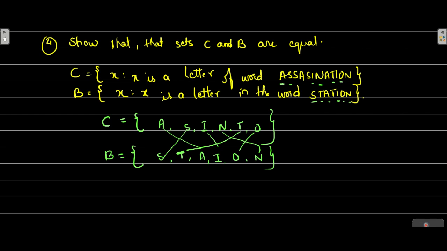The order is different. So it's not an issue. The order does not matter. So we can say that set B is equal to set C, because all the elements of set C are also present in the set B.